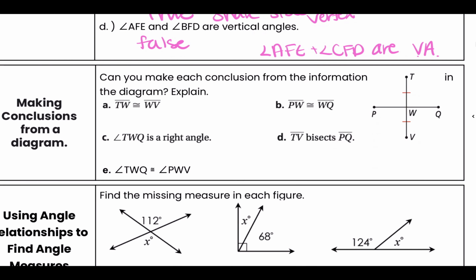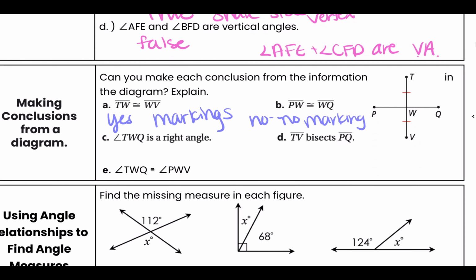Can you make the conclusion from each piece of information in the diagram? Segment TW is congruent to WB. Yes, because it has these little markings. Segment PW is congruent to WQ. No marking.